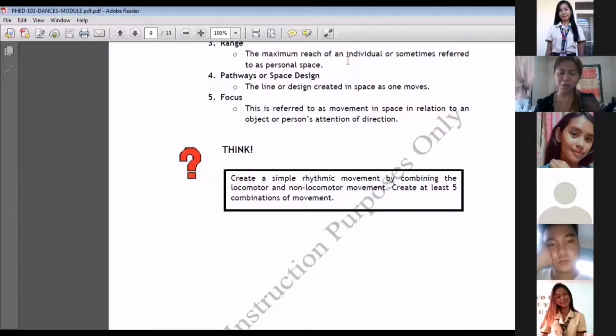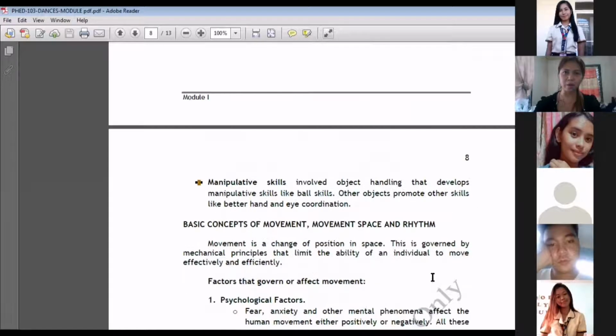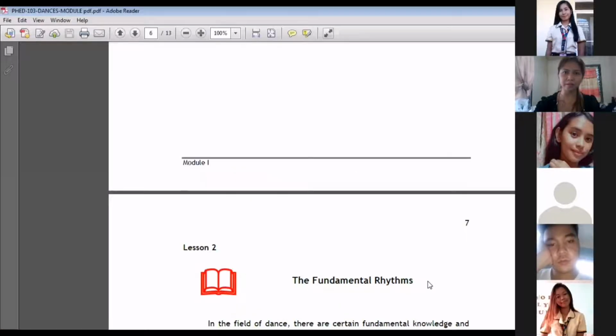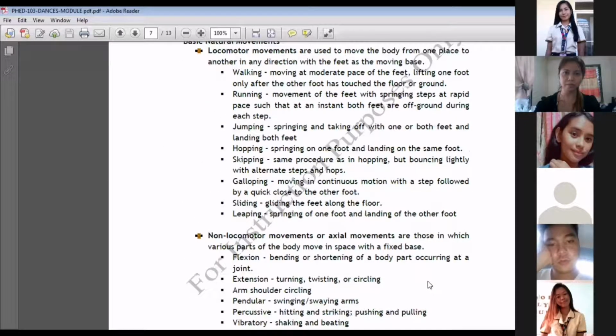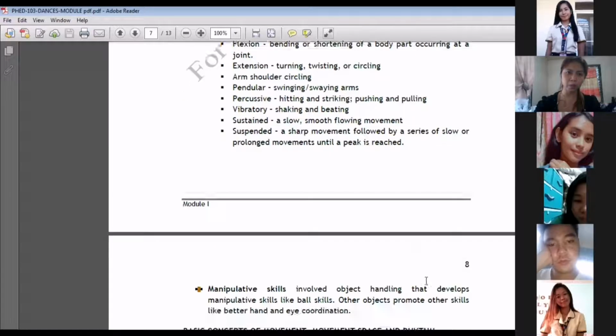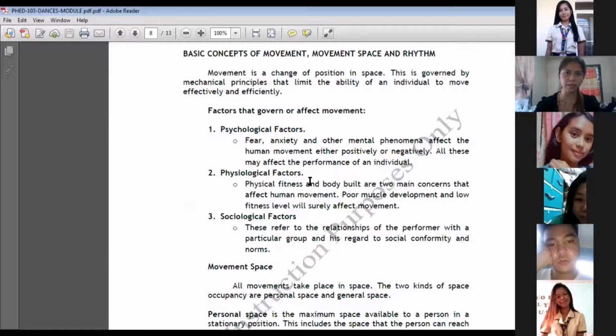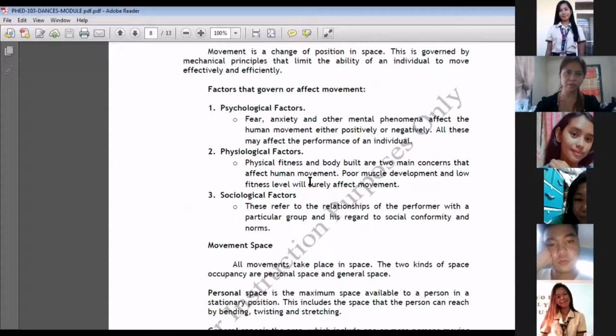Yes, ma'am. Okay. Are there any questions with our lesson 2? Come on, before we end our lecture today. Sa locomotor, non-locomotors, manipulative skills, and movement, space, and rhythm factors? None?